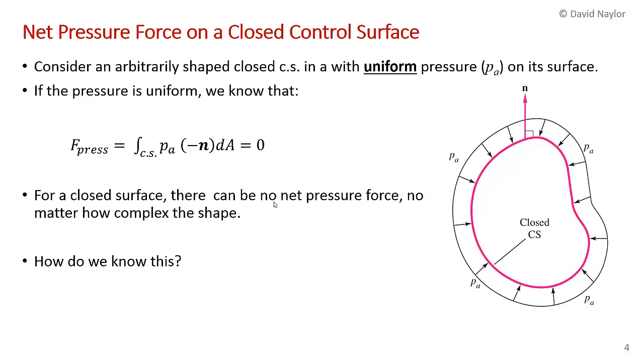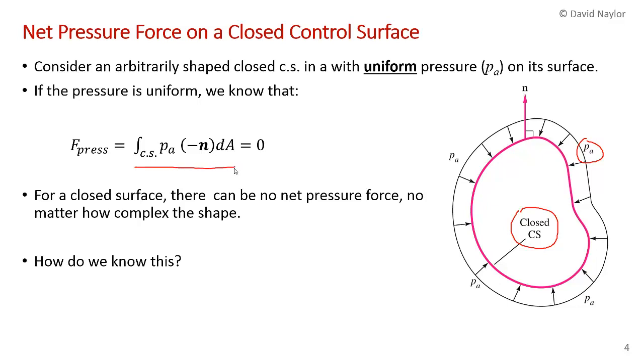Okay, so we start by considering an arbitrarily shaped closed control surface with a uniform pressure on its surface. That's the picture over here on the right. We have an arbitrarily shaped control surface and a uniform pressure, and we're going to call that PA. Think of it as the atmospheric pressure. So now we integrate that atmospheric pressure over a closed surface.